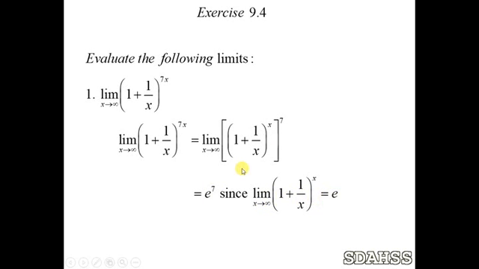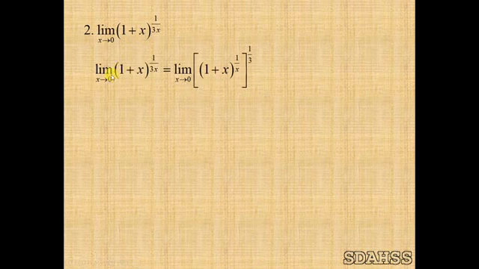So this can be written as e power 7. Second sum. Limit x tends to 0 1 plus x whole power 1 by 3x. This can be written as 1 plus x whole power 1 by x, whole power 1 by 3. By the formula this is e, so e power 1 by 3.